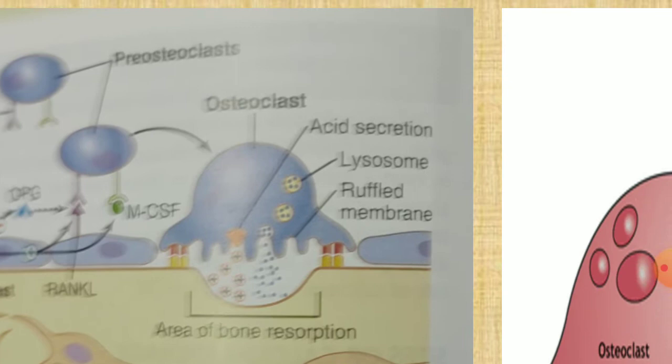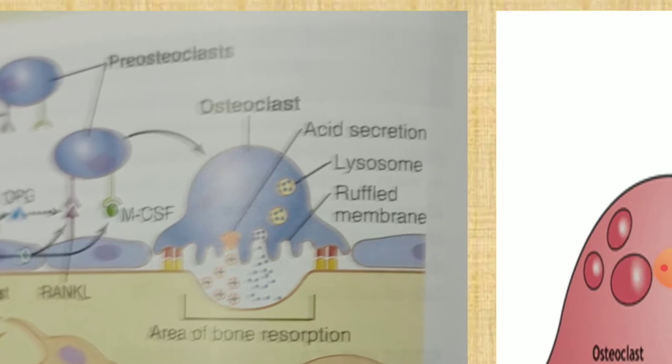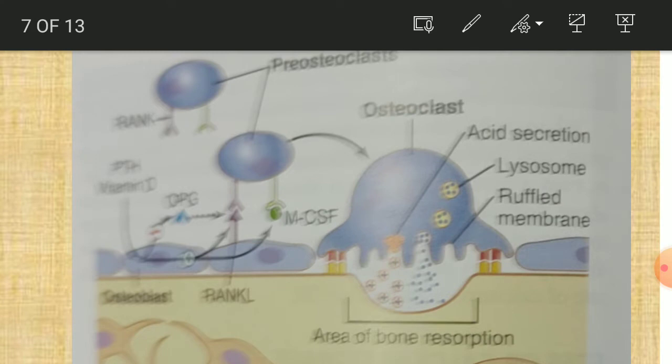RANK ligand is a substance liberated by osteoblasts on PTH action, and RANK ligand means receptor activator of nuclear factor kappa B. RANK ligand is a chemical substance that can attach to its specific receptor present over the osteoclastic precursor cells, also on the osteoclast, that is called RANK.